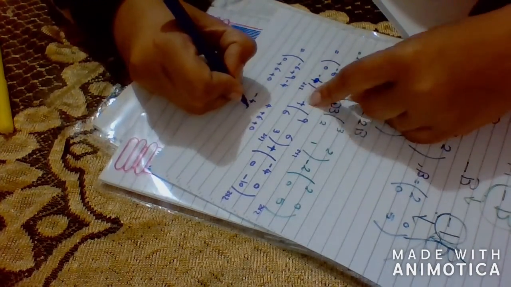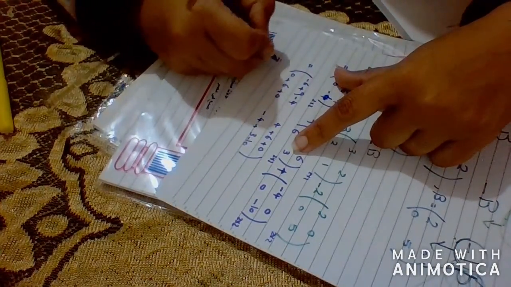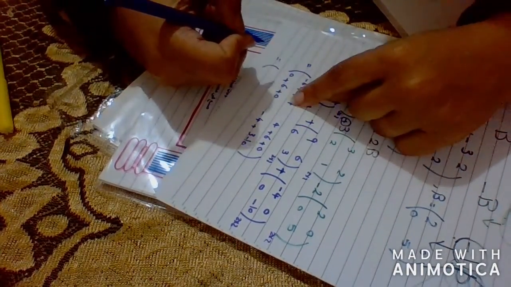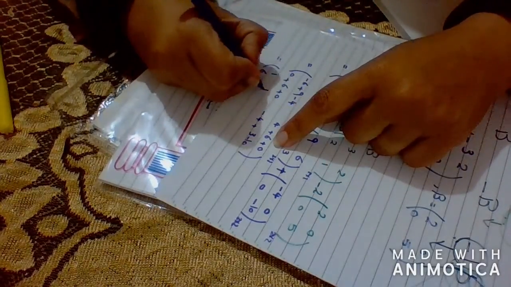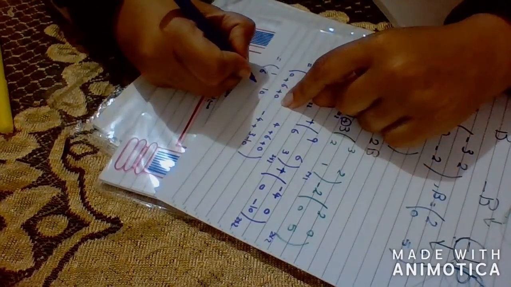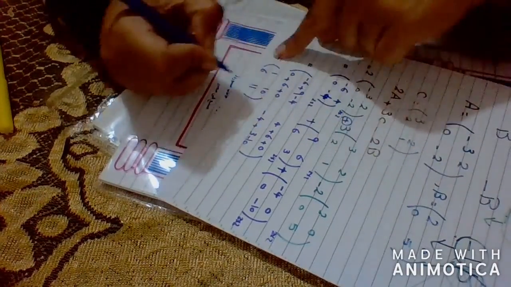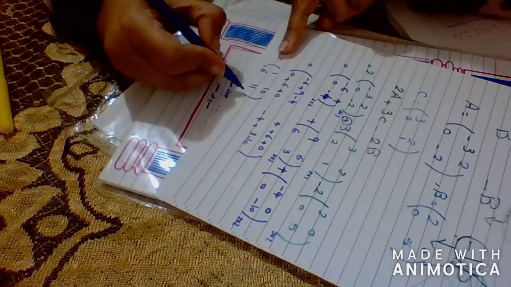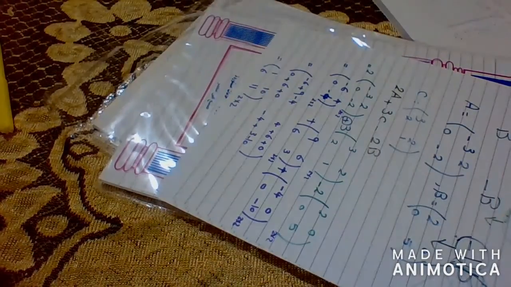Minus 4 plus 3 minus 10, which is going to be minus 11. So the matrix is minus 1, 6, 10, and 11. Right or wrong? What's the order? 2 by 2. Easy or difficult?